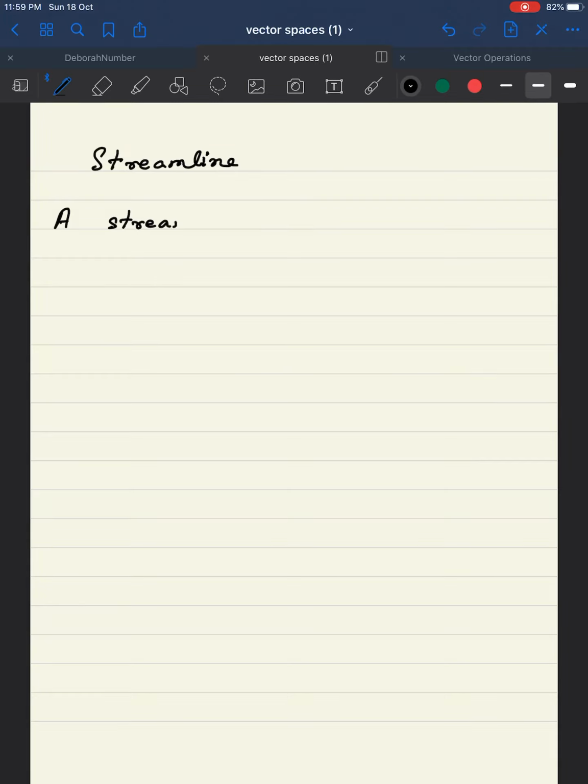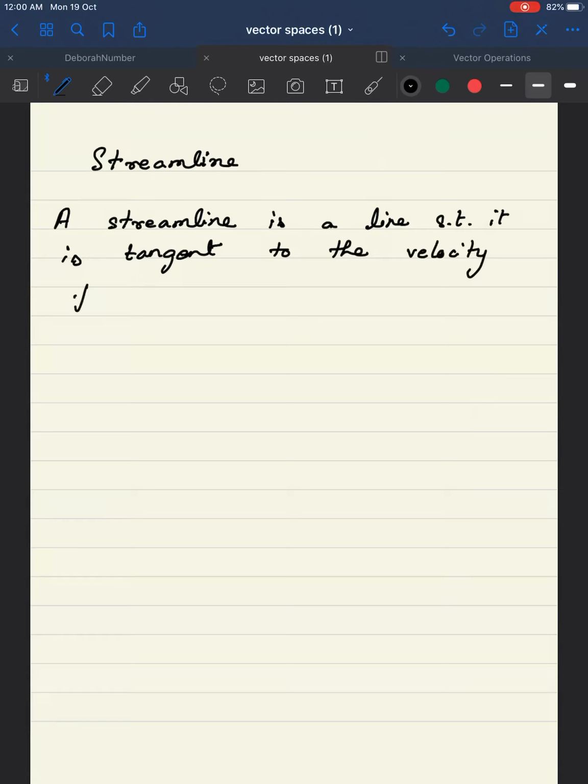A streamline is a line such that it is tangent to the velocity field everywhere.